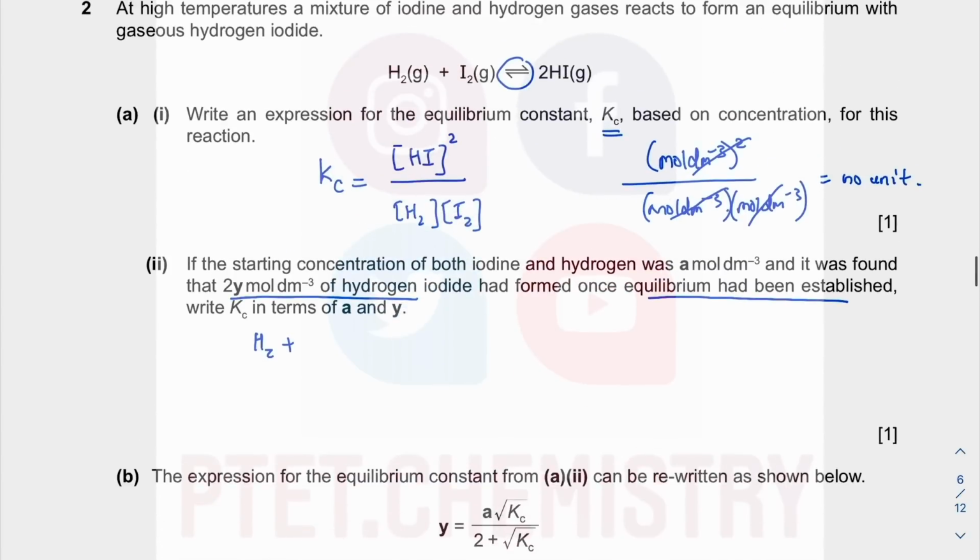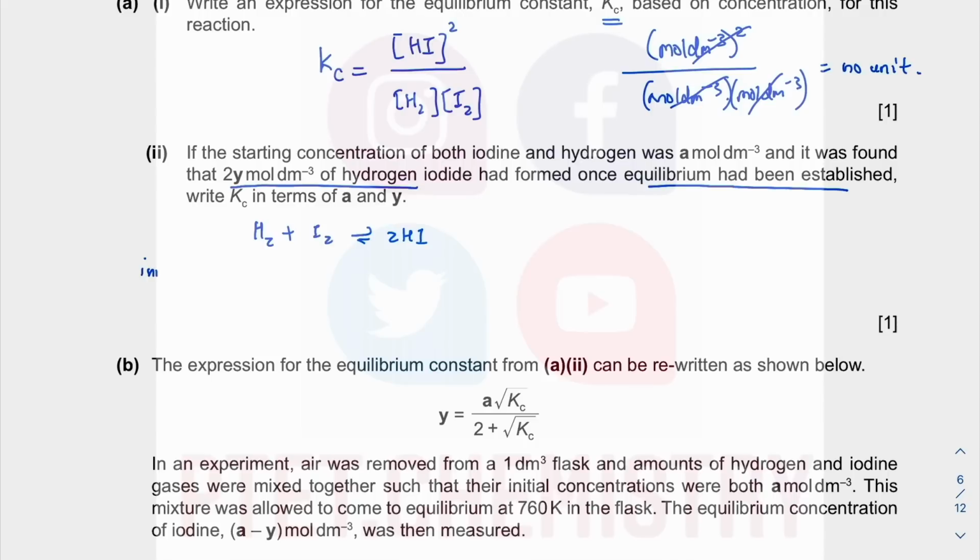I know the equation is given above, but I want to set up a table so that I can write out the initial concentration, where I have A and A because both the iodine and hydrogen were A mole per dm cube. I have nothing of the HI, and then at equilibrium I would have 2y mole per dm cube of HI.